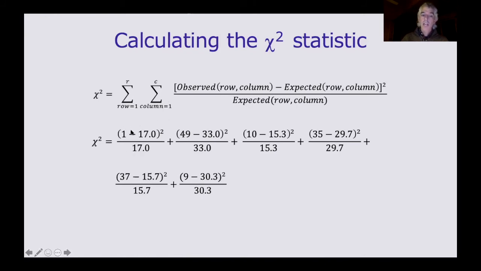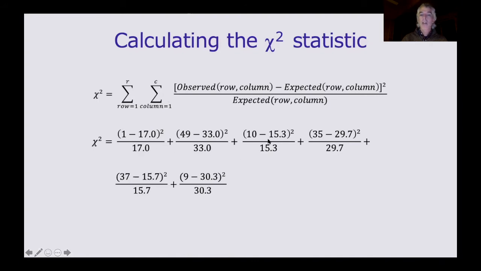So in our table, we had 1 observation in the first cell, but the expected value, if these processes are independent of one another, is that we would have had 17 observations in that cell. So observed minus expected squared divided by expected.